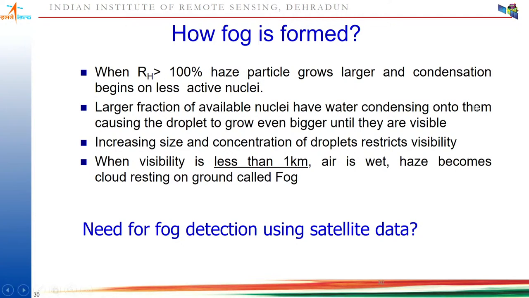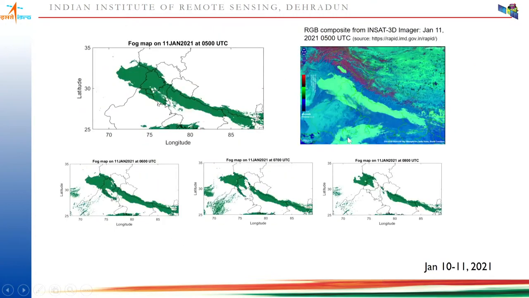In that, satellite data gives an important input in the monitoring and also the forecasting of the fog. Daytime fog and nighttime fog can both be predicted and forecasted, but the algorithms are entirely different.